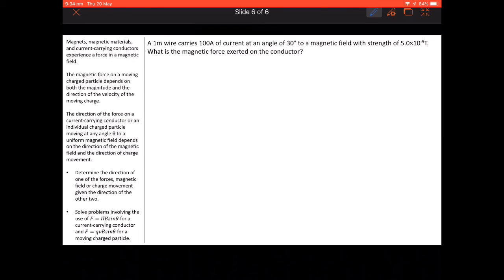So for this, our magnetic force is going to be equal to the current multiplied by the length of wire multiplied by the magnetic field multiplied by the sine of the angle of the current carrying conductor to the magnetic field. That's the rule that we're using. Our current is going to be equal to 100 amps.